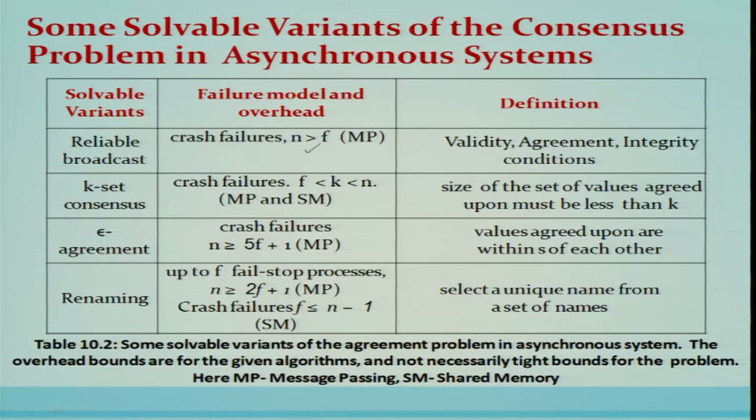Similarly, for k-set consensus, the value of k should be more than f and bounded less than n. For epsilon agreement with crash failures, n should be greater than or equal to 5f plus 1. Renaming can sustain up to f fail-stop processes, and n should be greater than 2f plus 1, and for the crash fault, f is less than n minus 1.